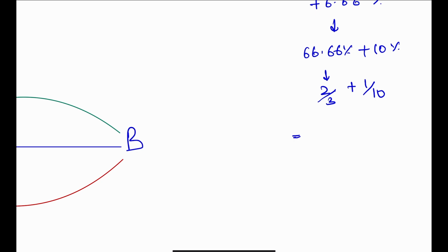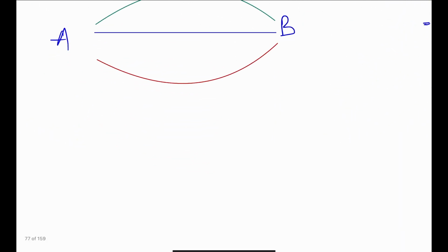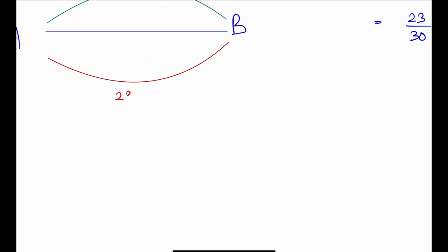Taking 30, 10 will be 20 plus 3, so 23 by 30. So if less is there, 23 by 30 is nothing but x by x plus y, so x will be 23k, y will be 7k, right?